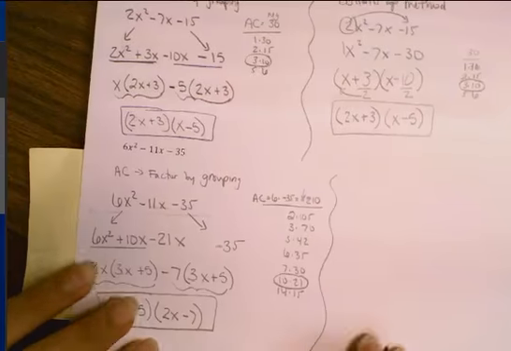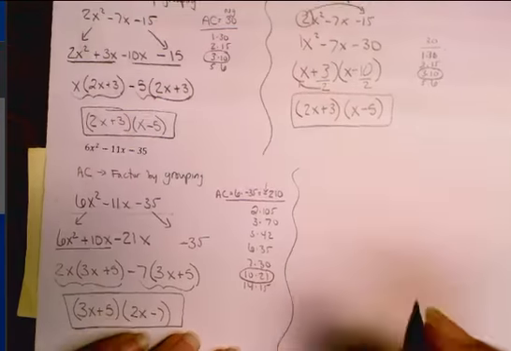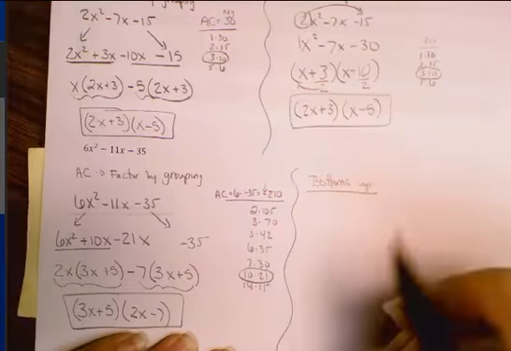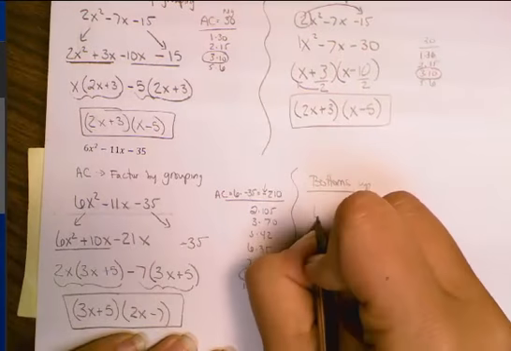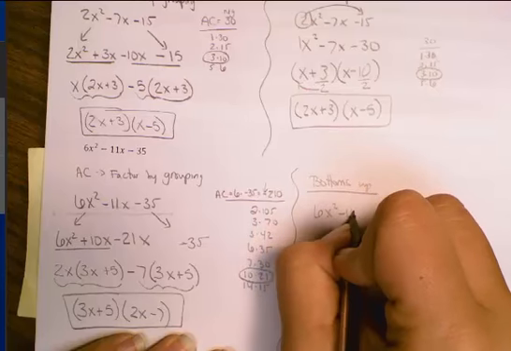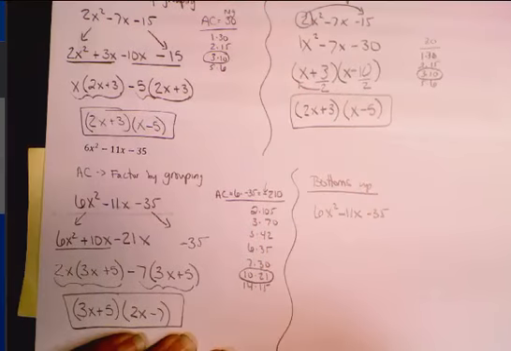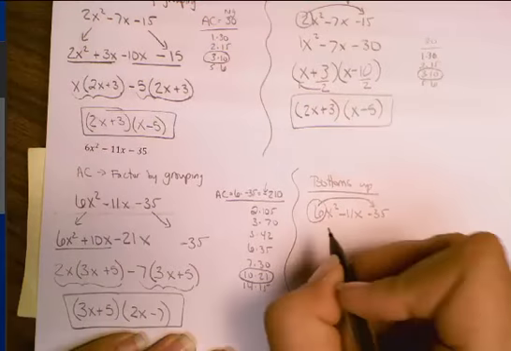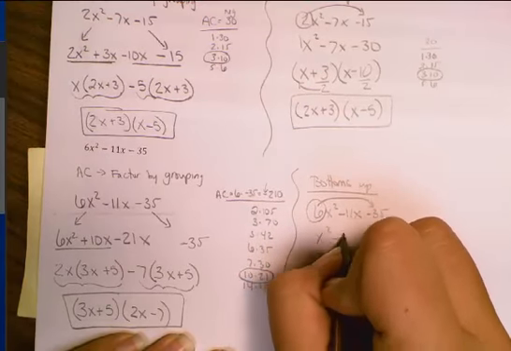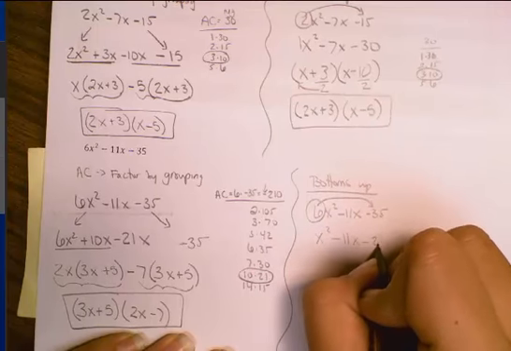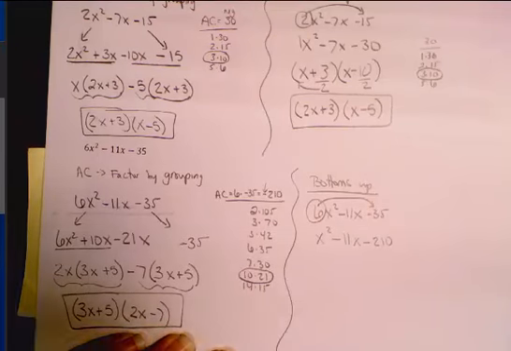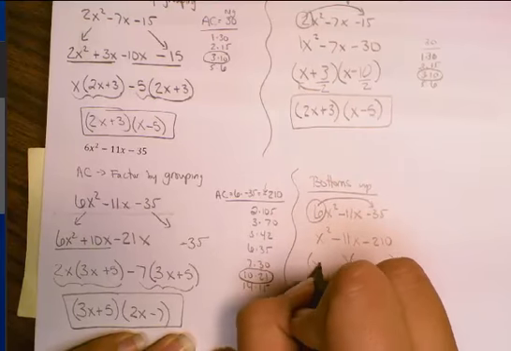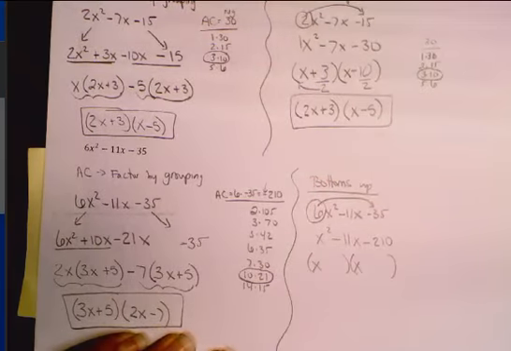Okay, and then let's do the bottoms up real quick. Okay, so the bottoms up method, we start with the 6x squared minus 11x minus 35. I can take this 6, multiply it by the negative 35, leaving me with x squared minus 11x minus 210. Okay, since we have a coefficient of 1, we can factor just like I showed you on the first video.